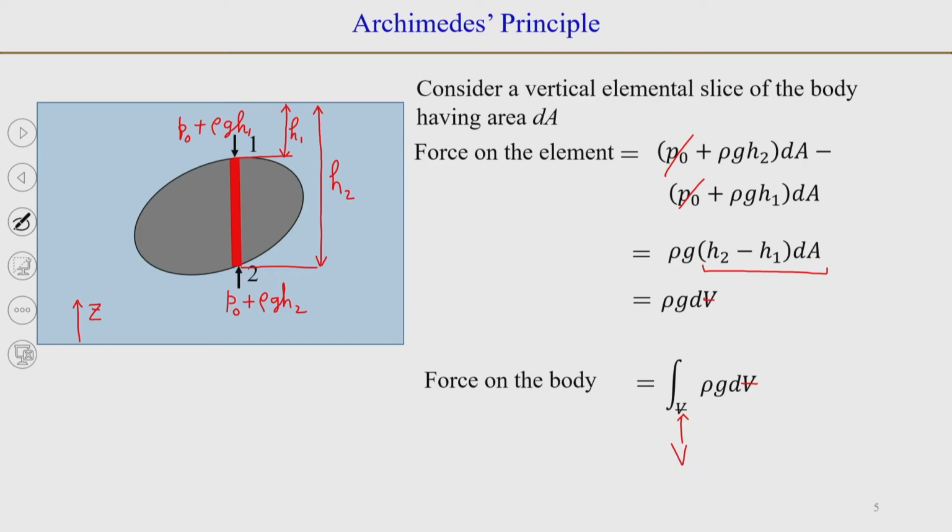So, here V strike through is the volume of the body. Again, remember rho is the density of the fluid, not that of the body.